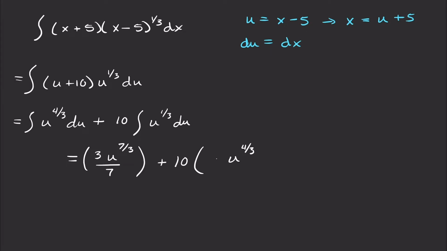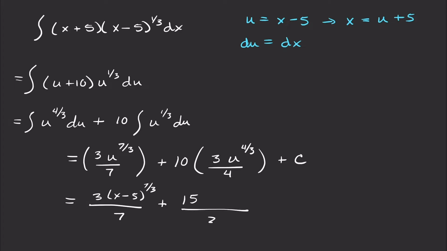And again, dividing by 4/3 is the same as multiplying by 3 over 4, plus c. And then we just need to plug in. So we get 3 times x minus 5 to the 7/3 power over 7 plus 10 times 3 is 30 divided by 4. We can reduce 30 over 4 to 15 over 2. And then our u will be x minus 5 to the 4/3 power plus c.